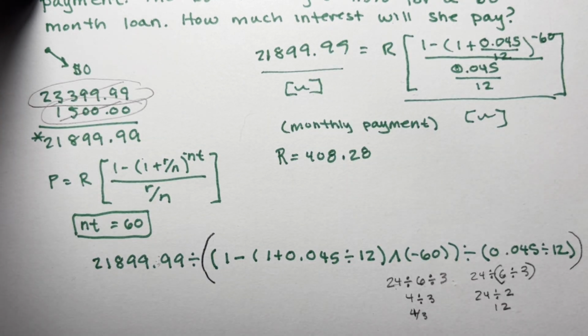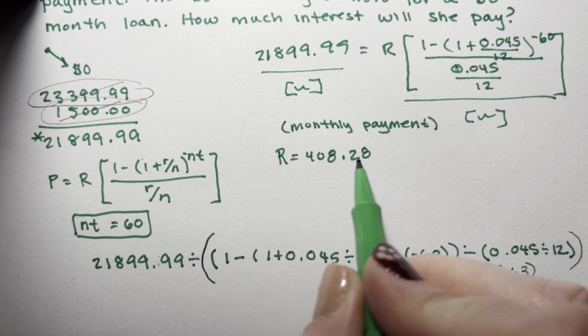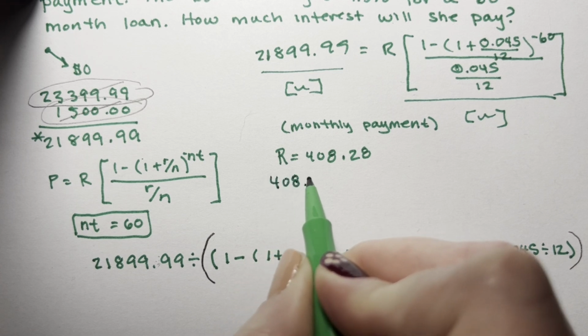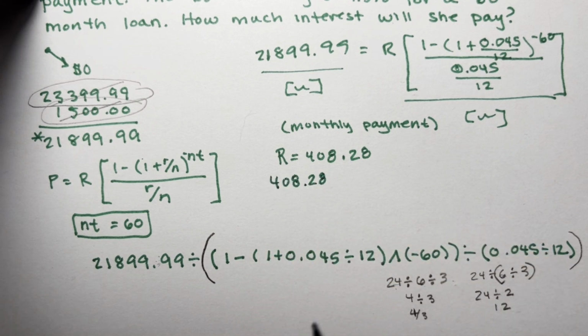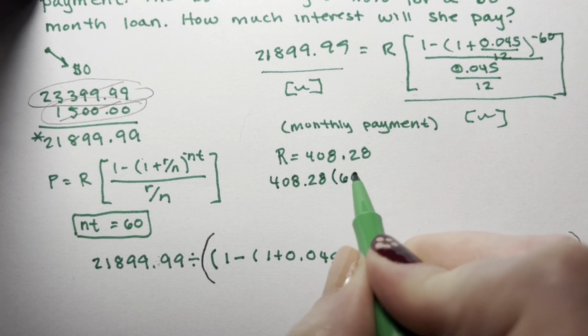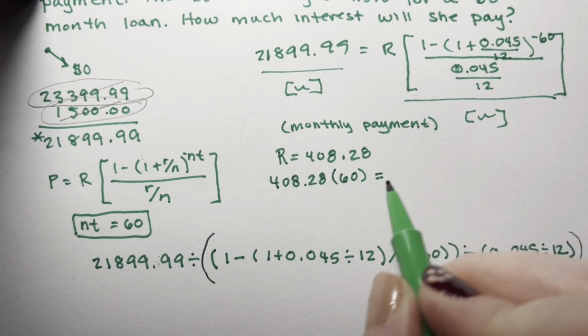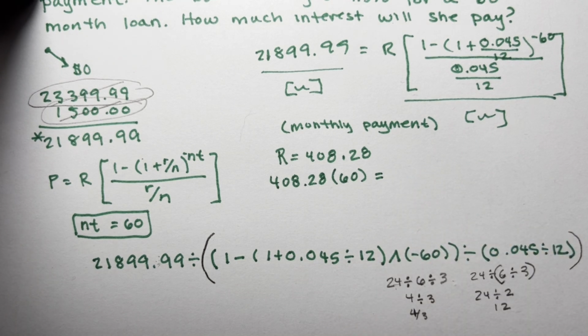Okay, to finish off this problem, because I'm asking about interest, we do this payment 60 times. So we take that 408.28, and again, we didn't clear out the calculator. We're doing this payment 60 times. Over the life of the loan, what you actually pay for the car.